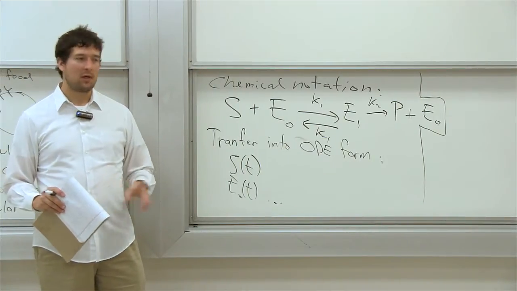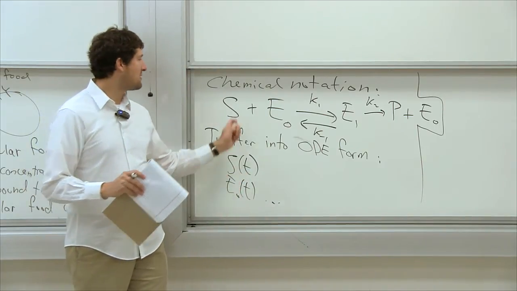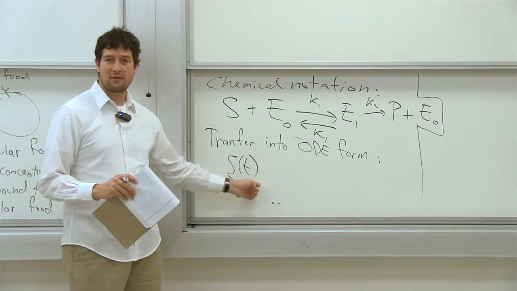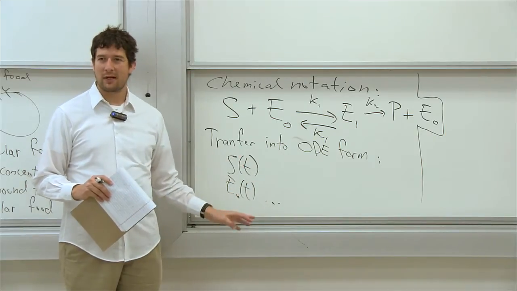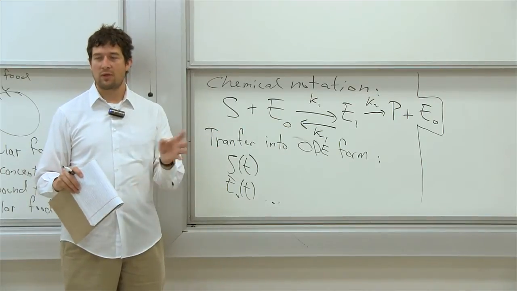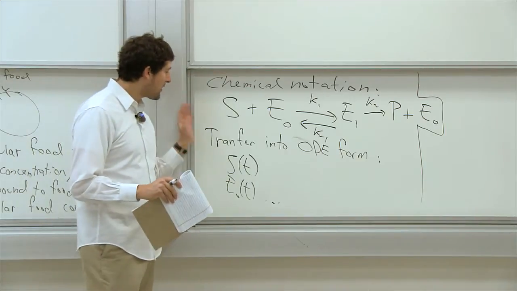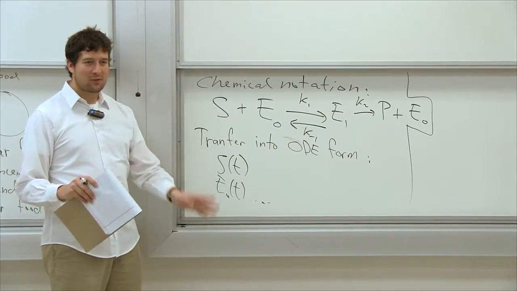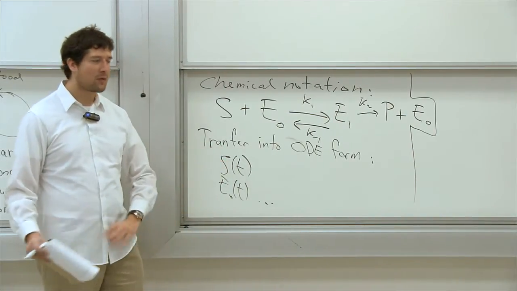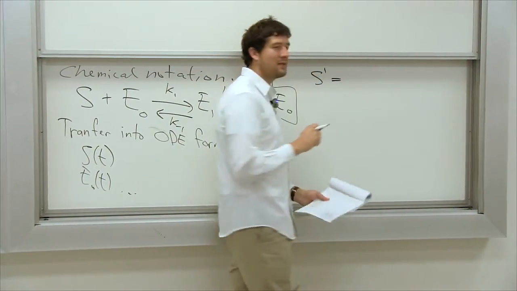Chemists might not like what we're doing because we're calling the function S by the same name as the molecule S. Sometimes chemists would write something like concentration of S. But those brackets, I don't really like them, and neither does Leah, because you're going to start seeing brackets all over the place. The more math you do, the more brackets you're going to see, so you just get rid of the brackets and that's it. So no brackets. You're probably not even going to get confused about this unless you're chemists. So we call S the molecule, and we'll call S the concentration. No problem.